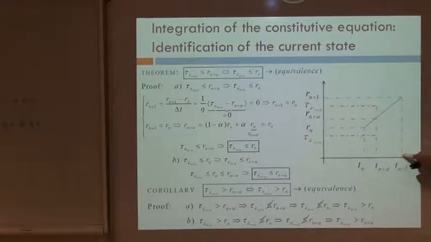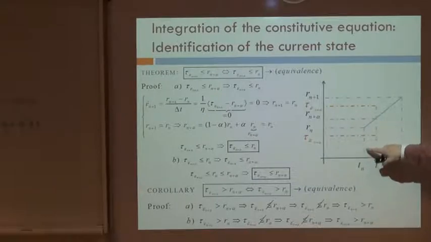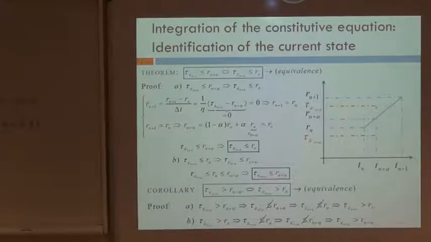Now the point is, when I increase delta t, for instance, or when T n plus 1 is taken far away, how are the errors that they commit in R n plus 1? That's what I want to evaluate, okay?